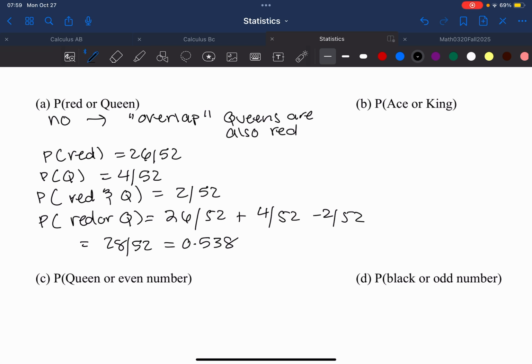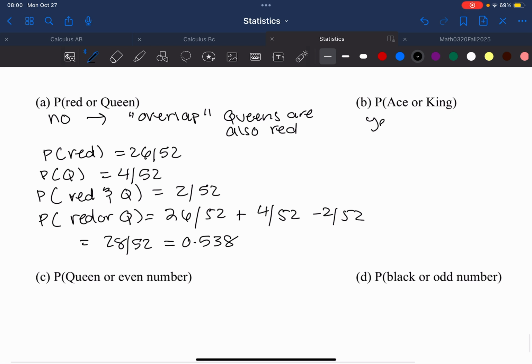Okay, then we look at B. Probability of an ace or a king. Well, we would say yes, that's mutually exclusive. You can't be both an ace and a king. The probability of an ace is 4 out of 52. The probability of a king is also 4 out of 52.